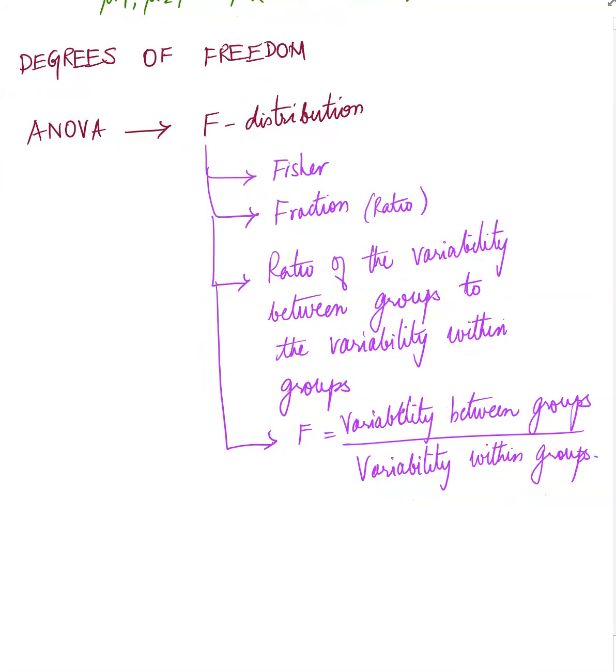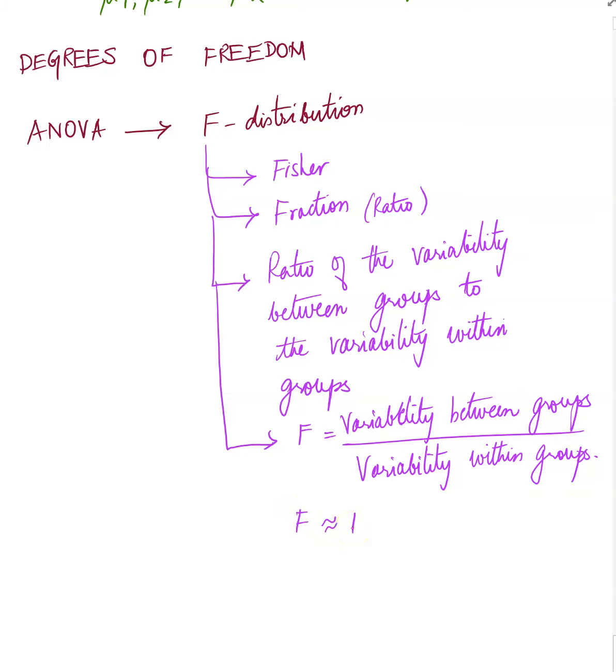If that's the case, then we would expect the between group variability and the within group variability to be approximately the same, right? If the means weren't so different, then their variability up and down won't be so different, in which case the F statistic will be close to 1.